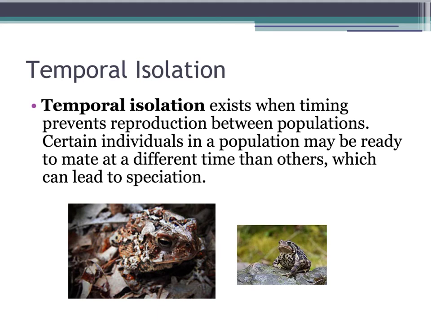And finally, we've got temporal. So temporal, you should think about time. Temporal refers to timing. So this guy, he gets ready to mate in the spring. This guy gets ready, I should say girl. This girl is ready to mate in the fall. So if a boy came up to her in the spring, she would be like, I don't know what you're talking about.